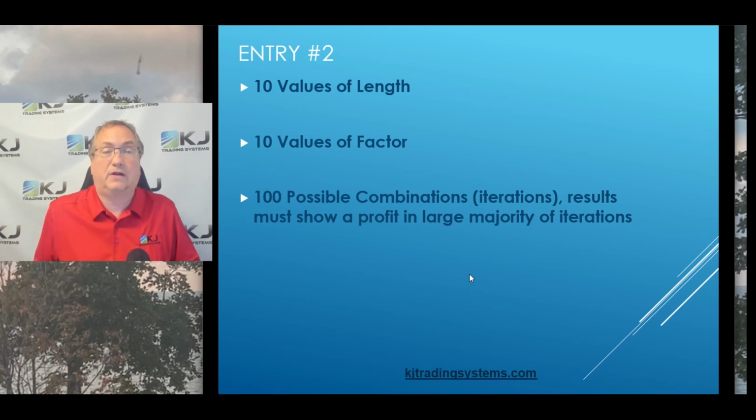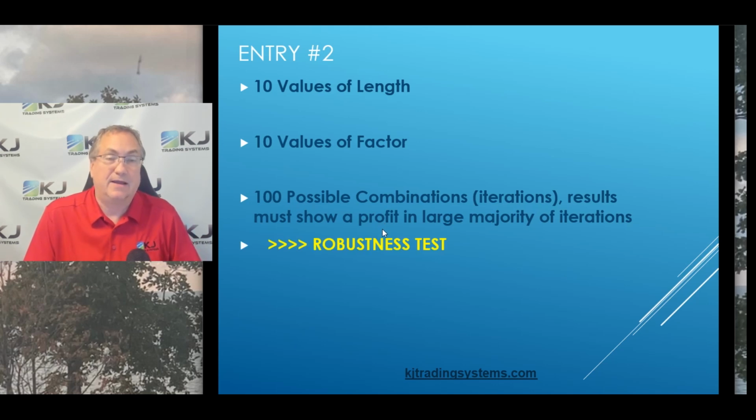What I'm looking for here is really a robustness test. I want to try different combinations, and I want most of those 100 combinations to give a profit. If it doesn't, it tells me, well, maybe it's okay in some really rare cases, but I'm looking for something that's robust, where I can change the length around and still get profitable results.